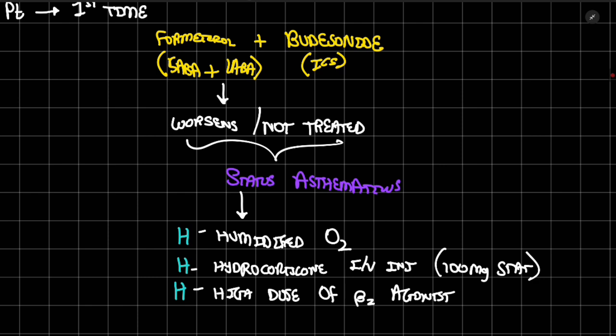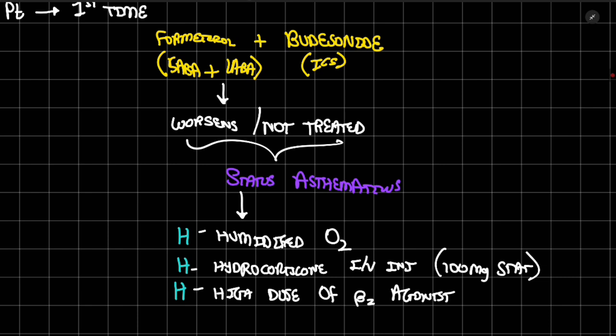If it is not treated, it is known as status asthmaticus. And now what do we give? Not ICS, we give SCS, systemic corticosteroid: hydrocortisone, and one high dose of beta 2 agonist. Additionally, we give humidified O2 to treat the hypoxic condition.